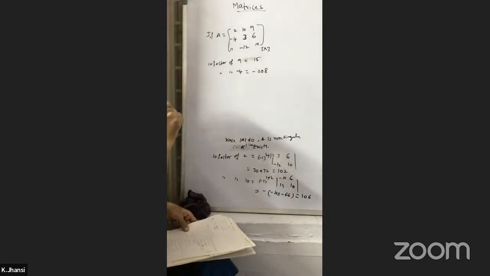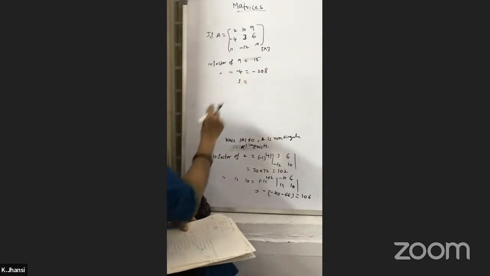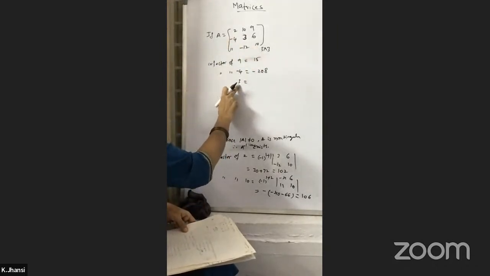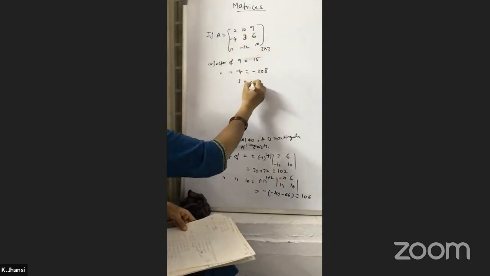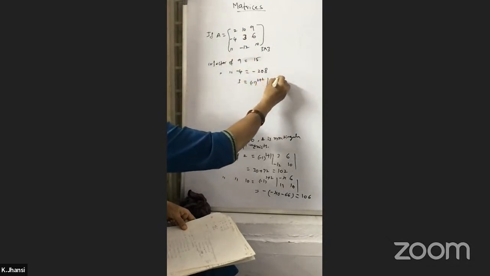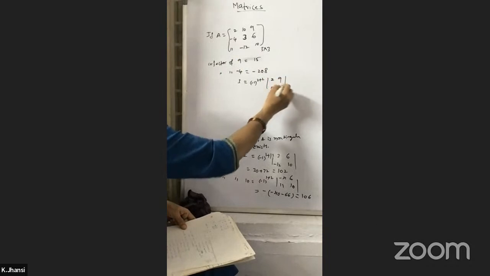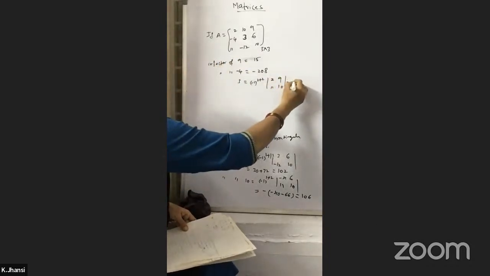Okay. Next, cofactor of 3. Don't get confused: this is in the second row and second column, that is minus 1 to the power of 2 plus 2, times the determinant of 2, 9, 11, 10. Okay. And the answer is minus 79.